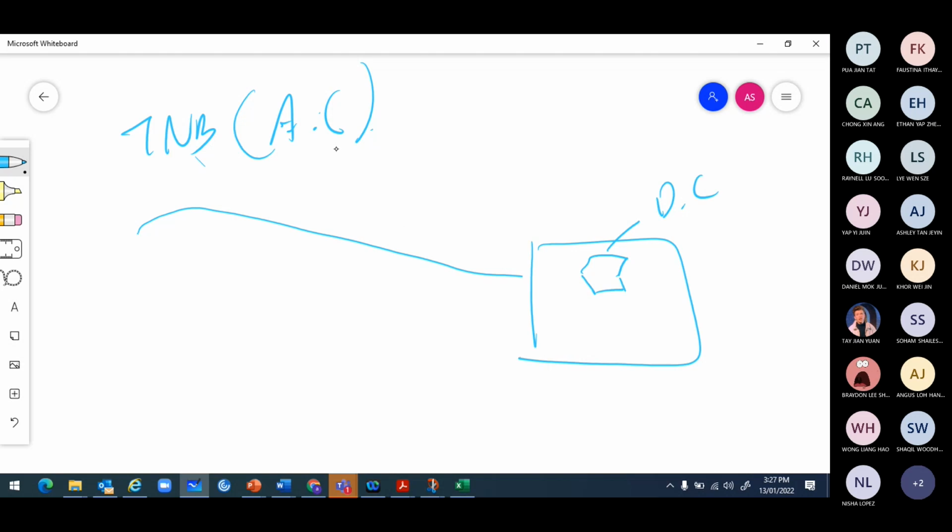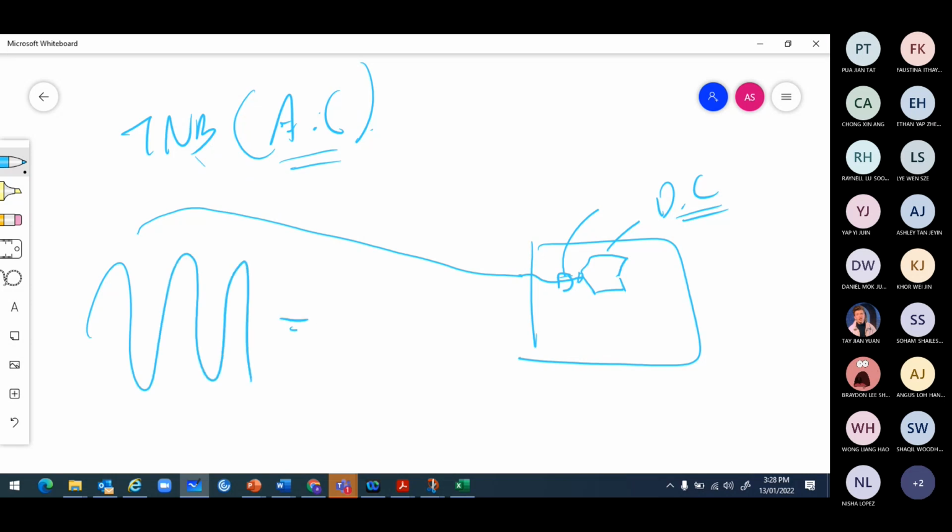So when alternating current gets into your laptop, you have an adapter. Inside the adapter, you need to convert this AC to DC. The alternating current will be converted to direct current like this.